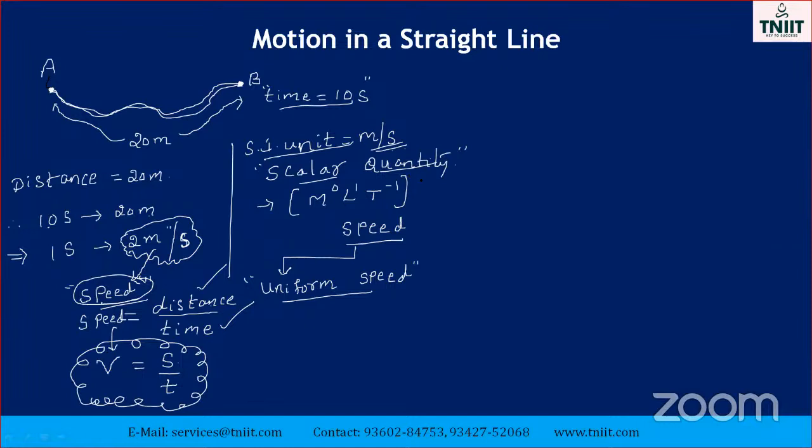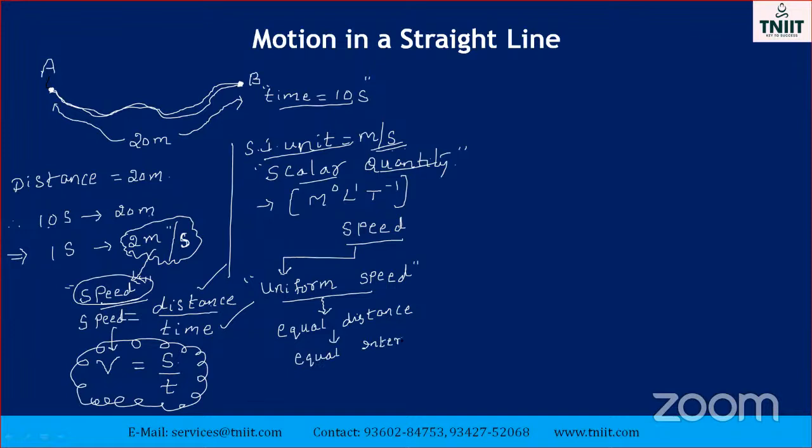And we are going to consider the speed in different forms. One is called the uniform speed. What is uniform speed? In the uniform speed, it is going to cover equal distance in equal intervals of time. So the speed is said to be uniform if it covers equal distances in equal intervals of time.